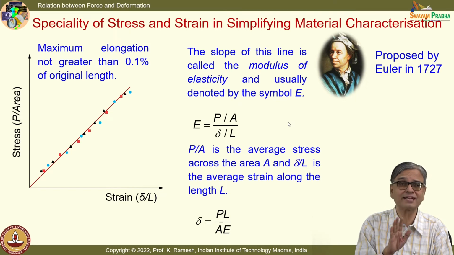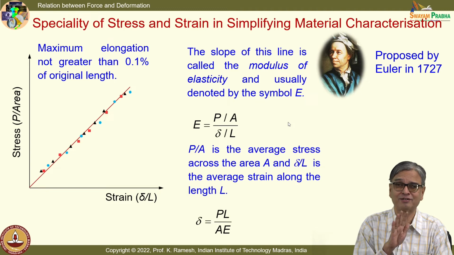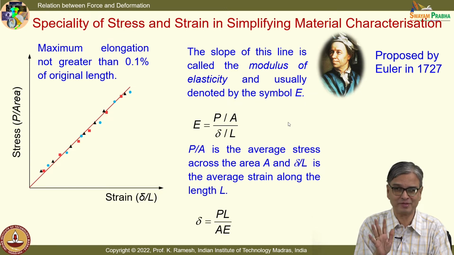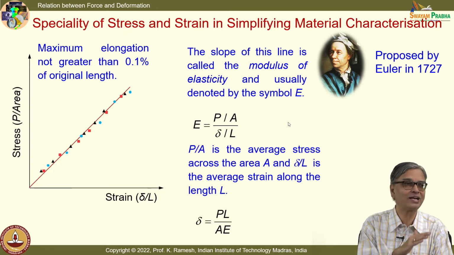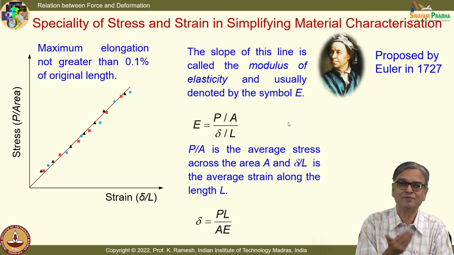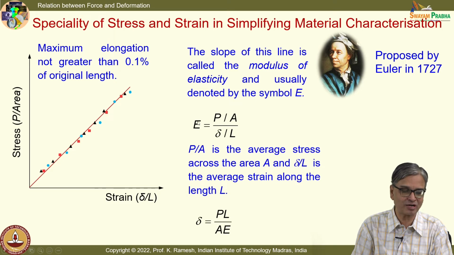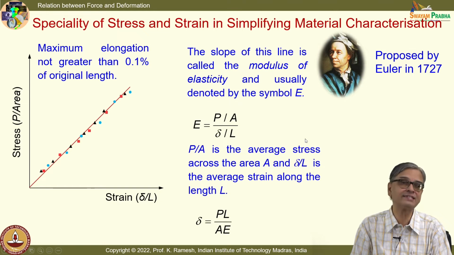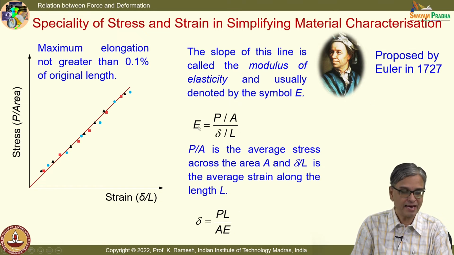See how the scientists have given credit is a puzzle to me. Fine. If you look at the history, somebody has invented it, but in his honor, we all call this Young's modulus, and we also say that this is Hooke's law, but it was actually proposed by Euler in 1727. And we will use this.